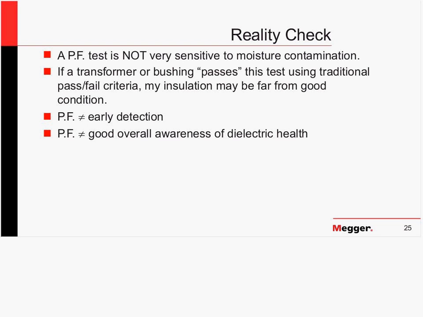I do not consider power factor testing early detection of a problem. It's perhaps better than a DC insulation resistance test, but I would not describe it as early detection. And I don't believe that power factor is giving as good an overall awareness of dielectric health as the industry believes.